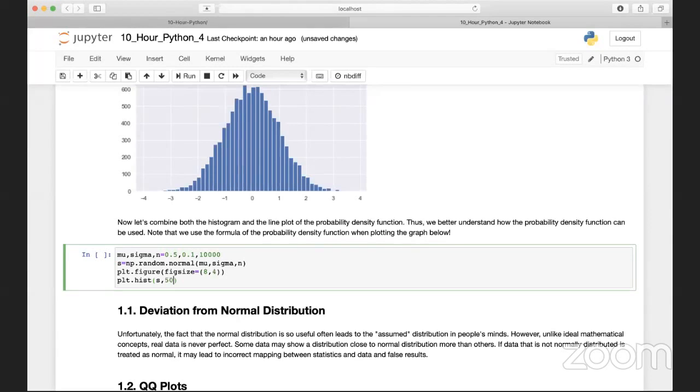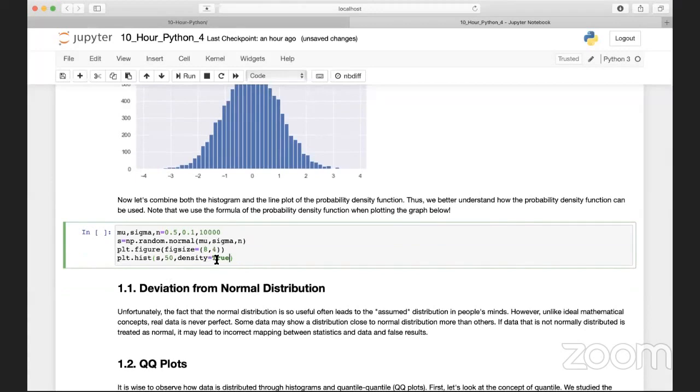The 50 is the bins, and if I type density, I will show you what's the benefit of it. Let me check. Okay, let me define the parameters here. I will have 3 different outputs for the histogram. I'm gonna make use of some of them. That's why I need to define them.